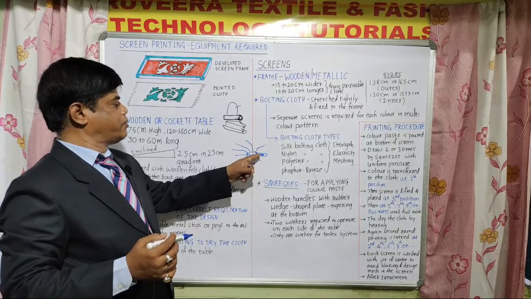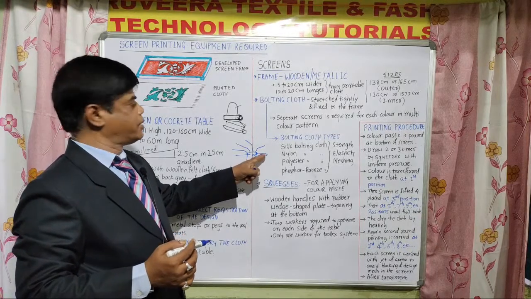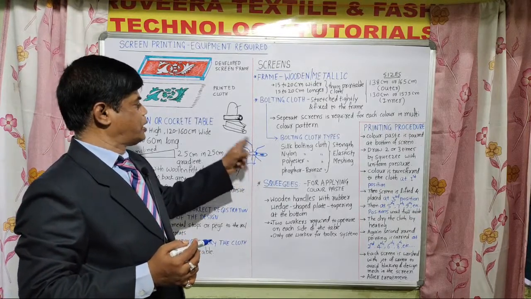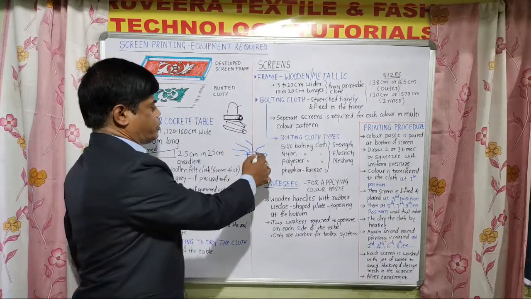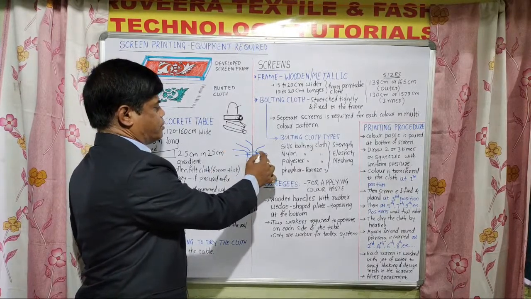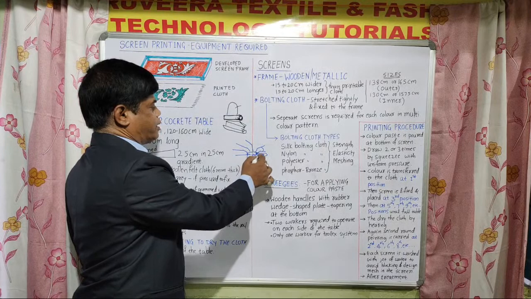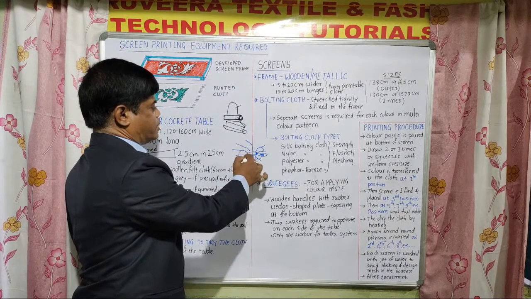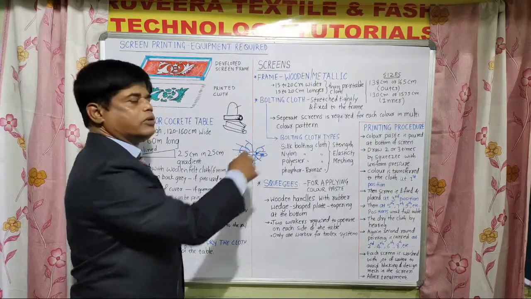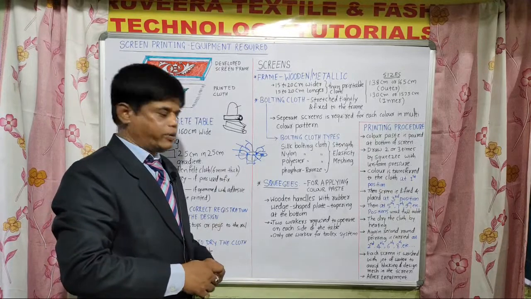How many colors are printed? 1, 2, 3 colors. After printing with this stroke, each color goes automatically, then this will come, then this. It is an automatic machine, modern technology.